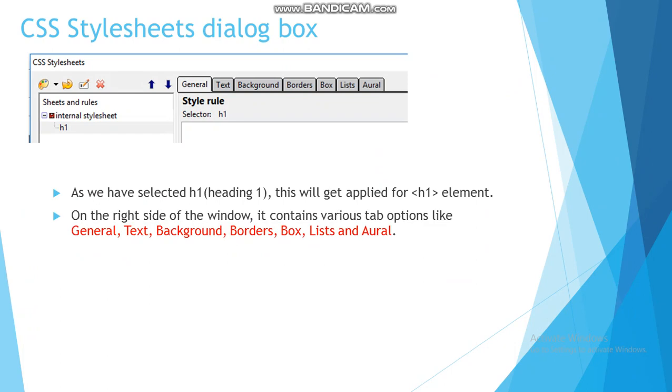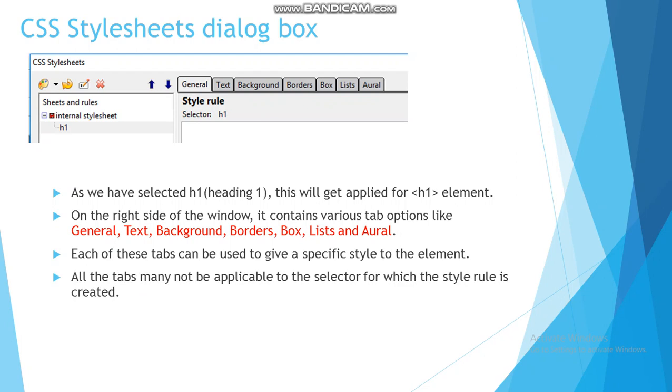On the right side of the window, it contains various tab options like General, Text, Background, Borders, Box, Lists and Aural. Each of these tabs can be used to give a specific style to the element. Remember, all the tabs may not be applicable to the selector for which the style rule is created.